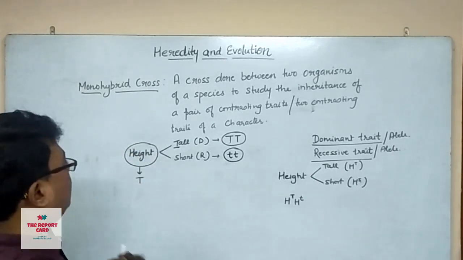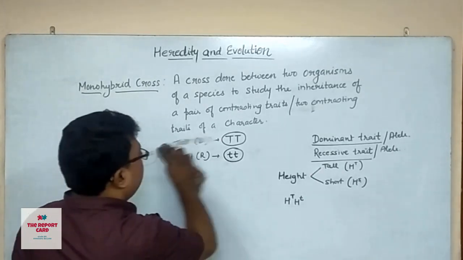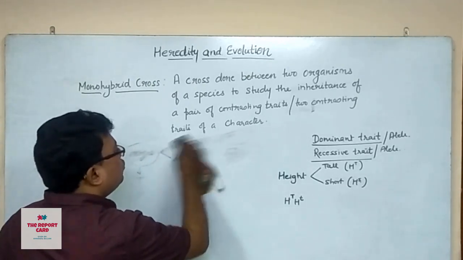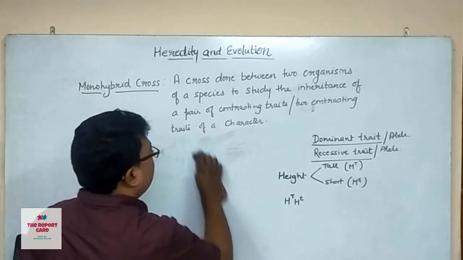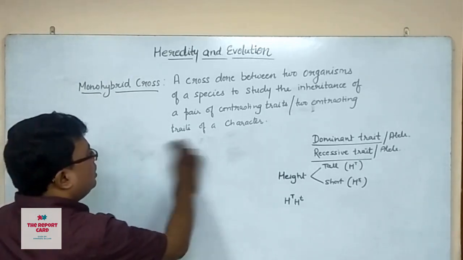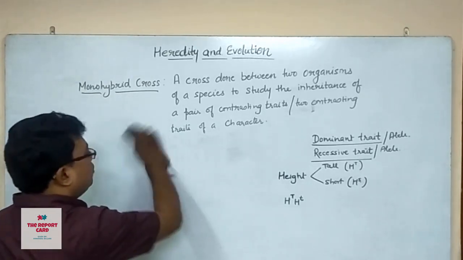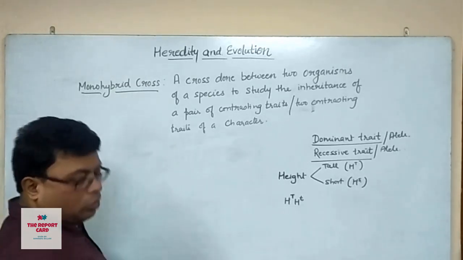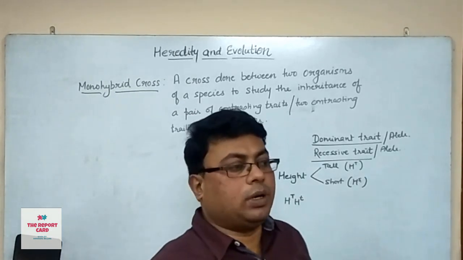So now let us take another character. Because usually what happens, the student will just learn T and all that, and then it becomes very difficult for them if the question is slightly twisted and another character is given, right? So I am going to take another example.